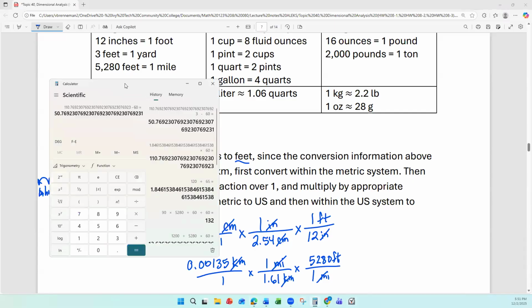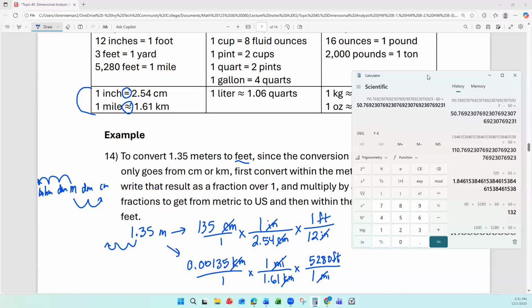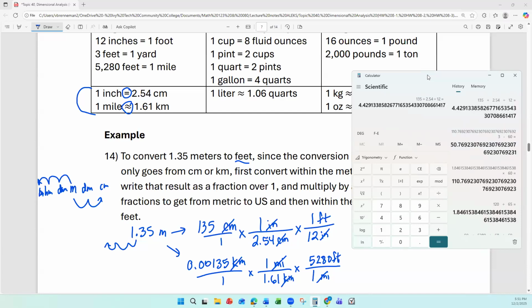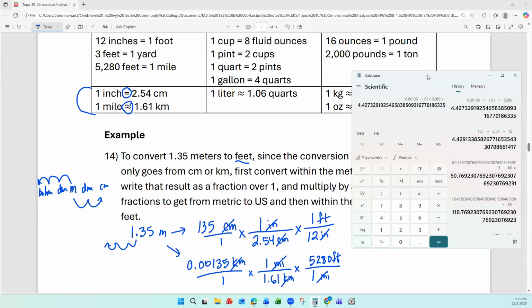But let's look at how these calculations compare. So 135 divided by 2.54 and then divided by 12 versus 0.00135 divided by 1.61 times 5,280. The 1.61 was accurate to 3 digits, the number of digits being what we call the number of significant figures. And notice that these match up.